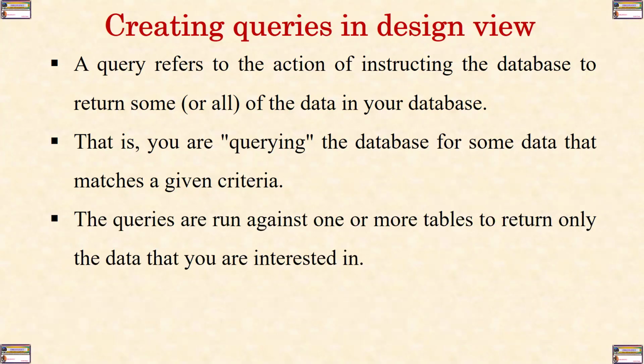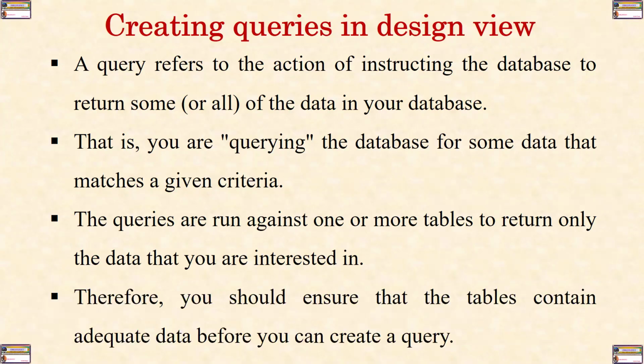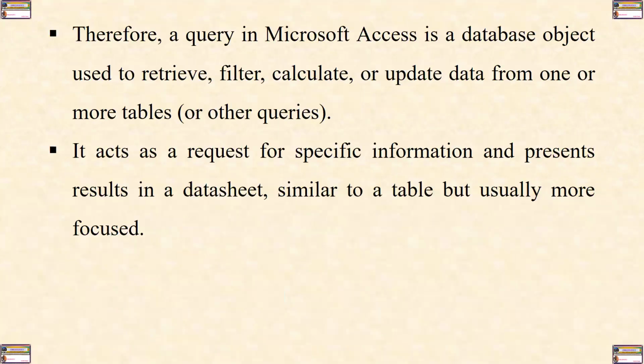The queries are run against one or more tables to return only the data that we're interested in. Therefore, you should always ensure that the tables from where you are going to generate your query contain adequate data before you create a query.